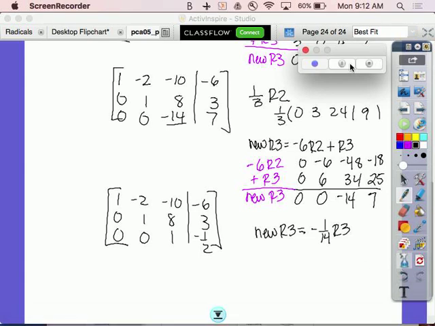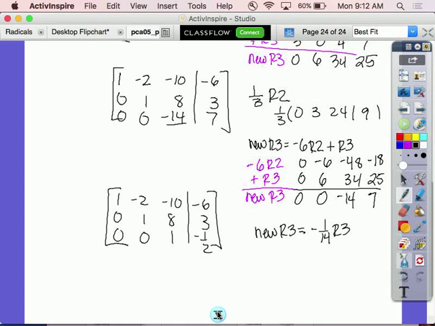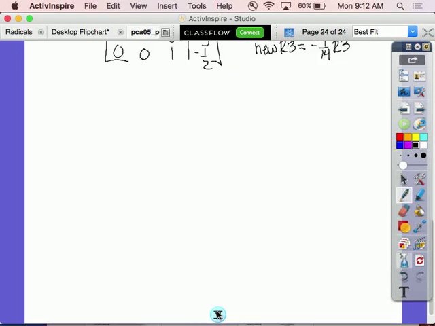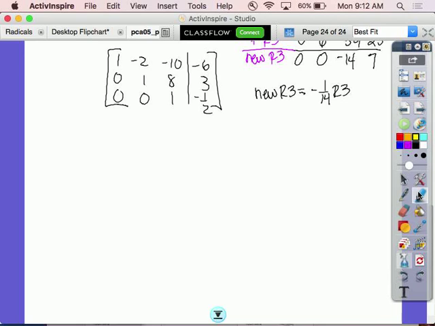Now that we've got it in row echelon form, I can start by using this last piece of information. The last line tells me that z is equal to negative 1/2. Row 2 tells me that 0x plus 1y plus 8z equals 3.